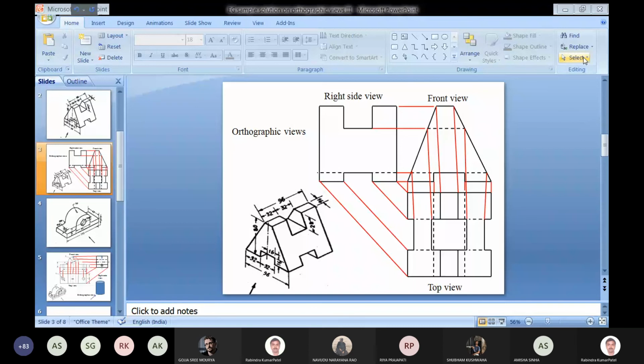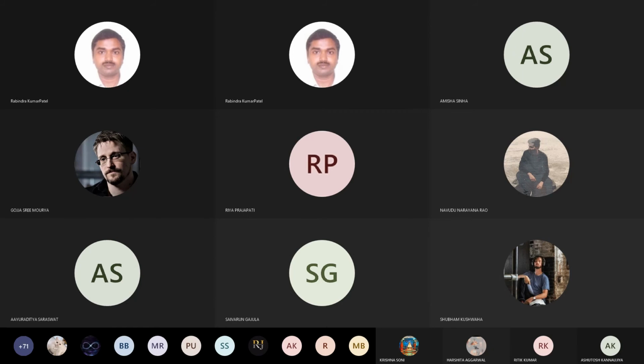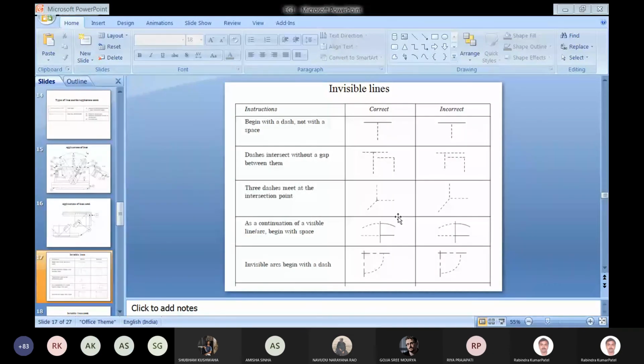So I have missed that part, which is shown here. Here in this case, you can see there is a line. In the first case, begin with a dash, not with a space. Begin with a dash when the dash line and continuous line are perpendicular to each other, then we can show it like this.